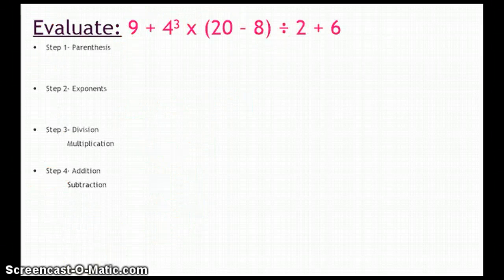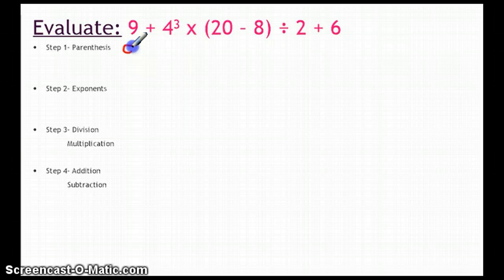Okay, this is our last example. We're asked to evaluate 9 plus 4 to the third times 20 minus 8 divided by 2 plus 6. Okay, let's go through our steps. We have parentheses. Do we have that in here? Yes, we do, right here. 20 minus 8.